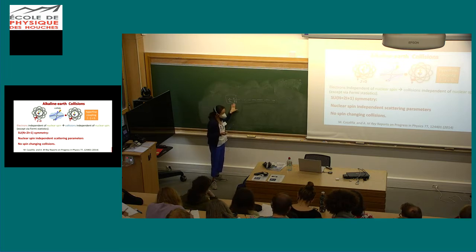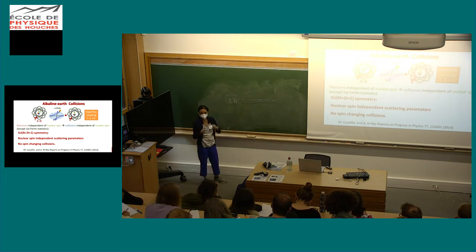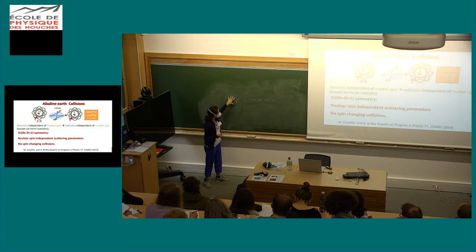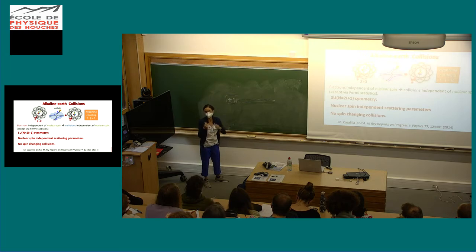This was shown, for example, by Florian Schreck in an experiment when he was trying to prepare different types of internal levels, and then he was showing that he was never finding other levels in his sample.